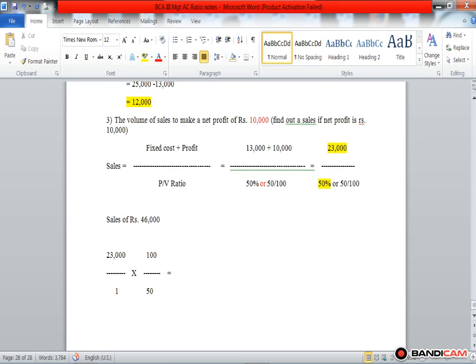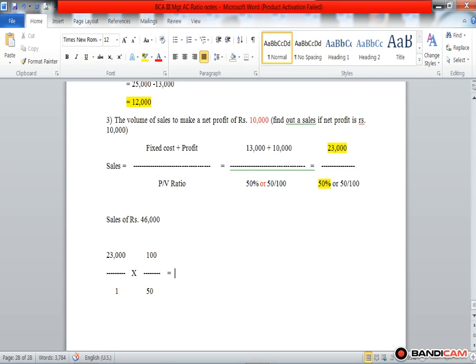Another step: 23,000 multiplied by 100 is 23 lakh, divided by 50, that is 46,000.